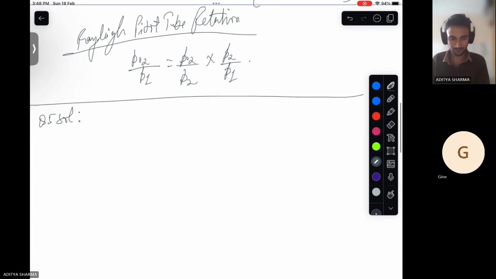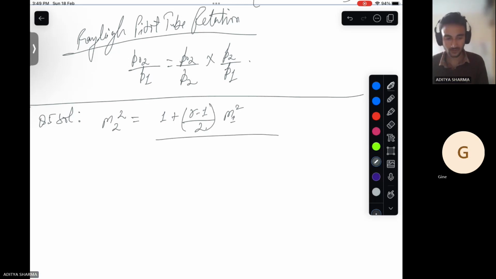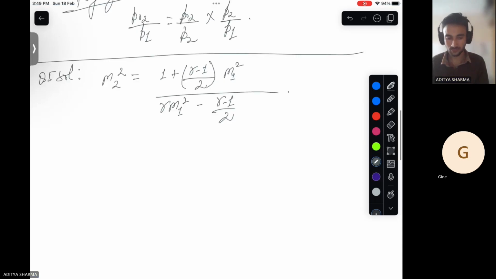Let's see. Harshit has given one. Let me know if I make some mistake while solving, if by mistake I write a wrong expression.